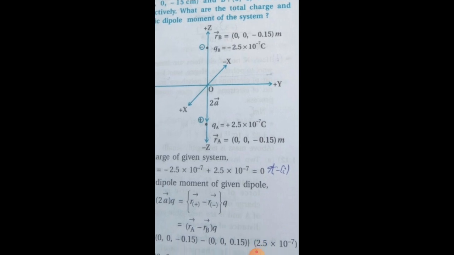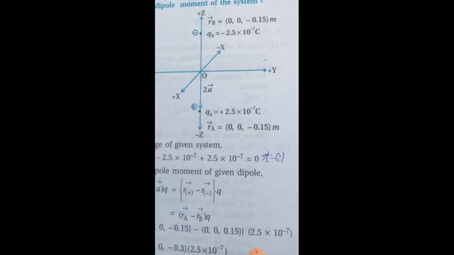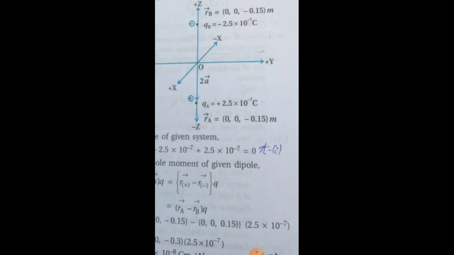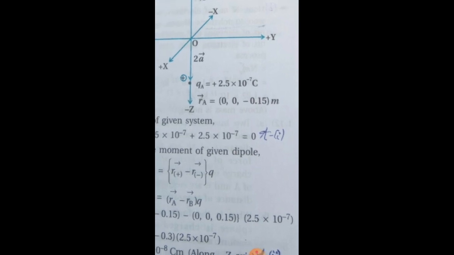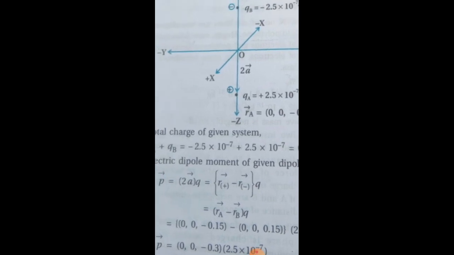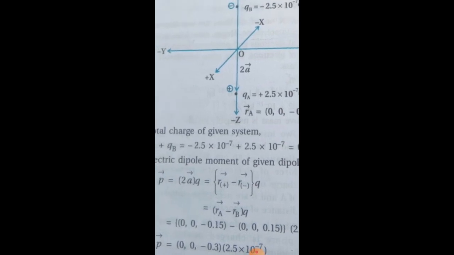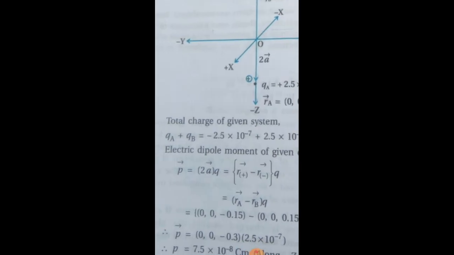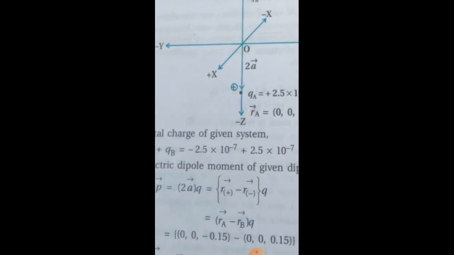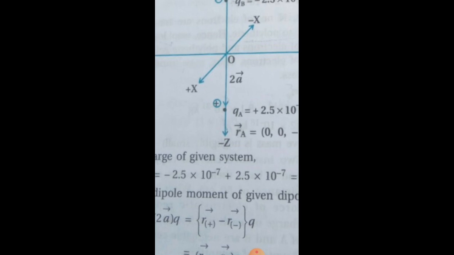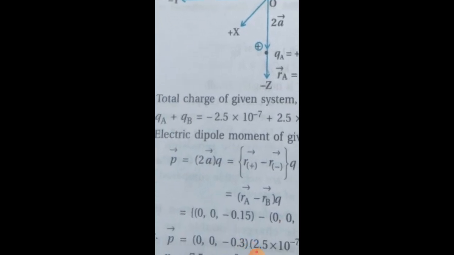Similarly, on the lower side, negative z axis, positive charge QA, plus value of charge, with position vector RA vector coordinates written. And now plus x below and minus x above.